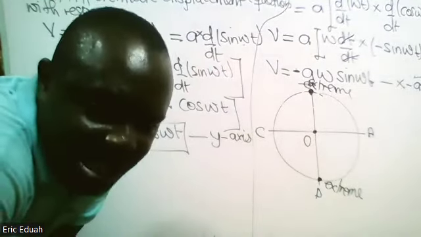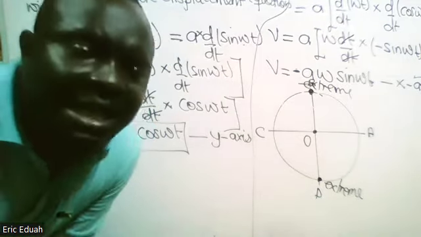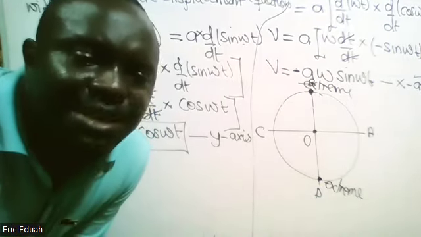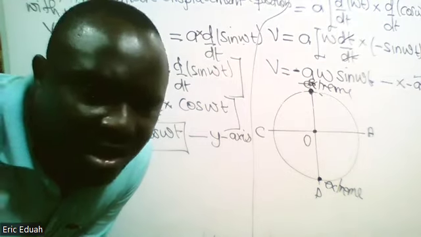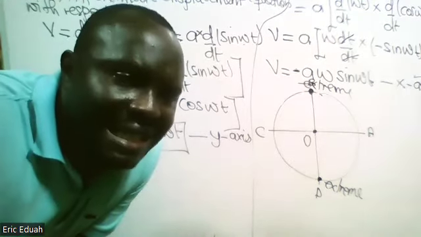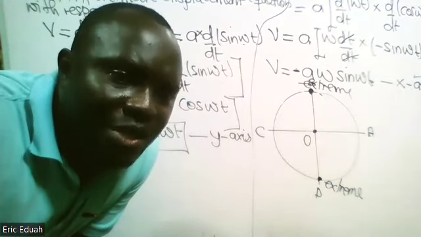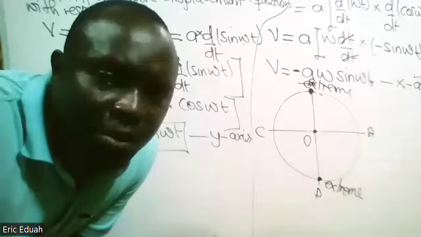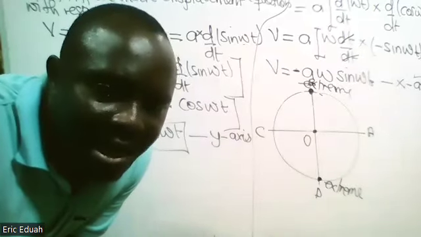So please put that down. At the extremes, the velocity of the oscillating body is 0. This is the reason why the body stops.